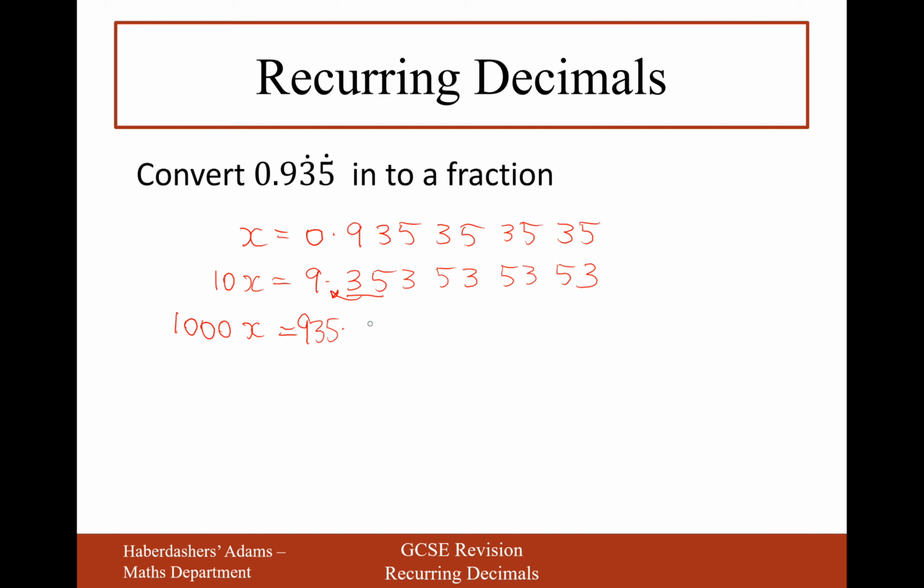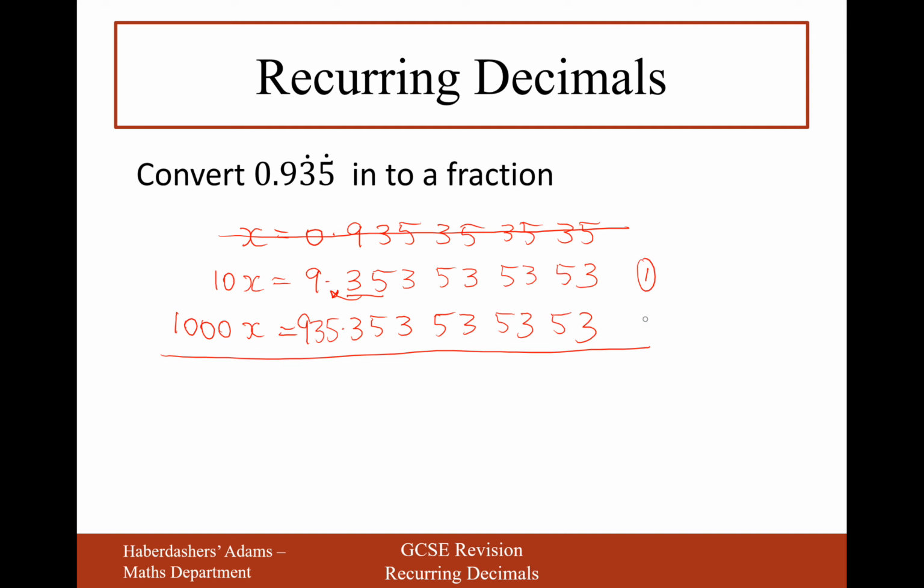So now what have I got? I've got 3, 5, 3, 5, 3, 5, 3, 5, 3. And now we have the situation where in the second and third line we have the decimals nicely cancelling each other out. So I'm going to do equation 2, take away equation 1.